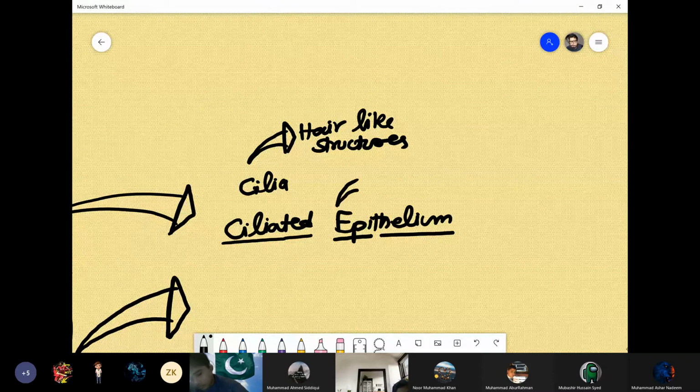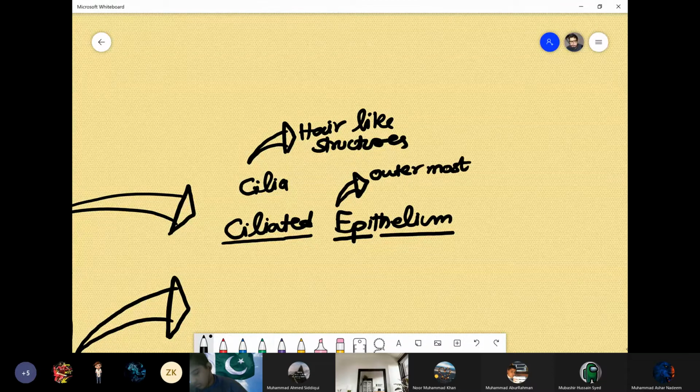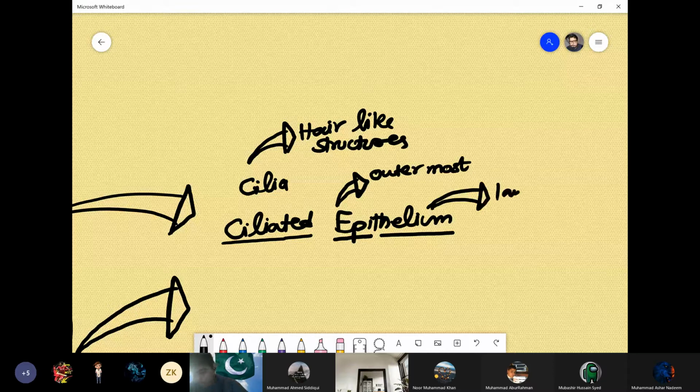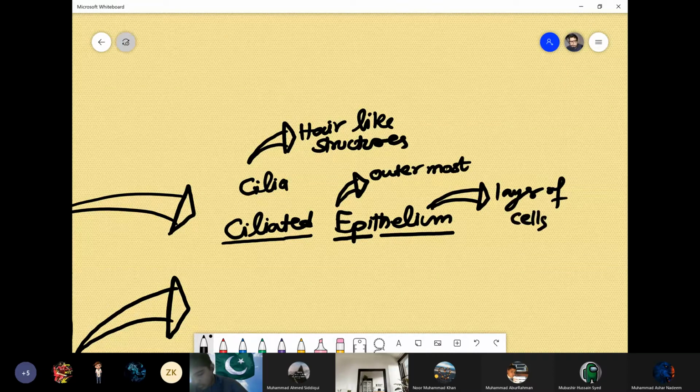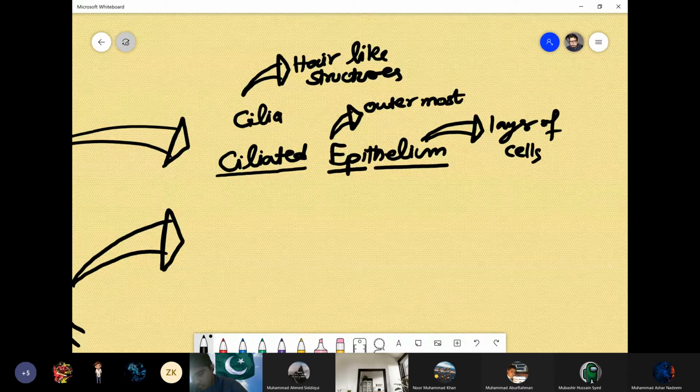The word epi means outermost, and the word thelium means layer of cells. So the complete meaning becomes outermost layer of cells that have hair-like structures.